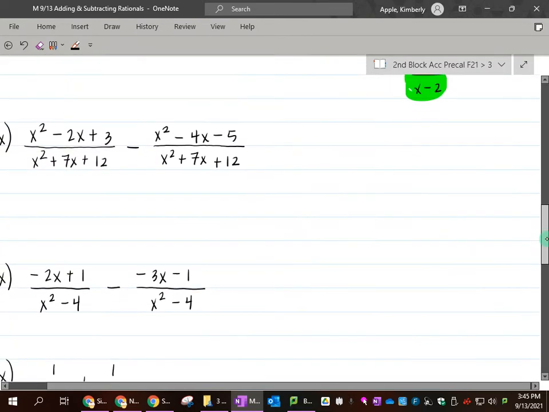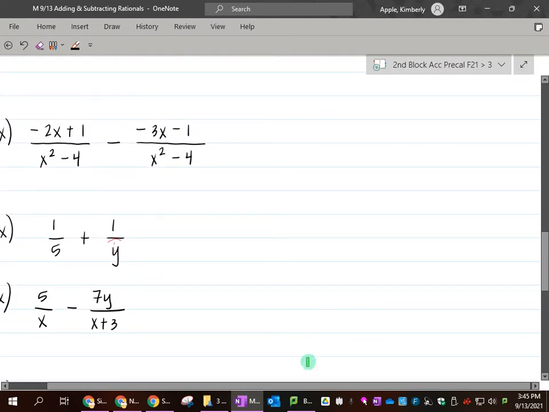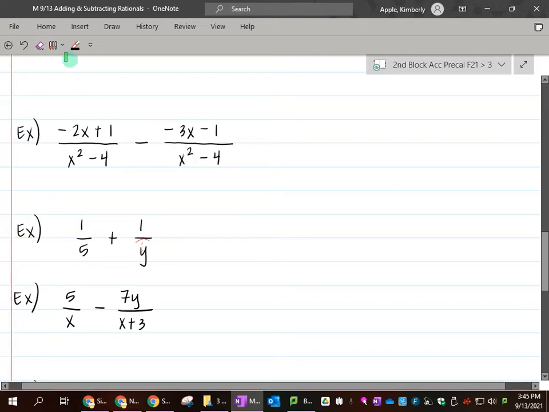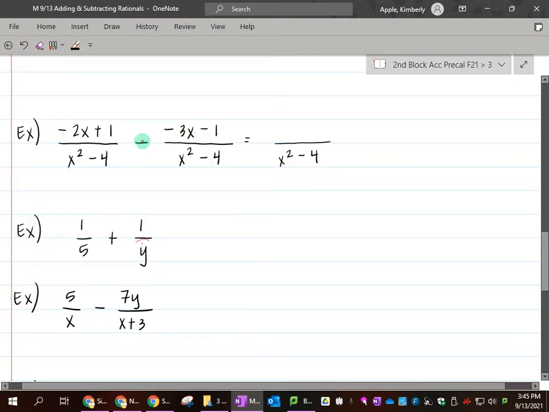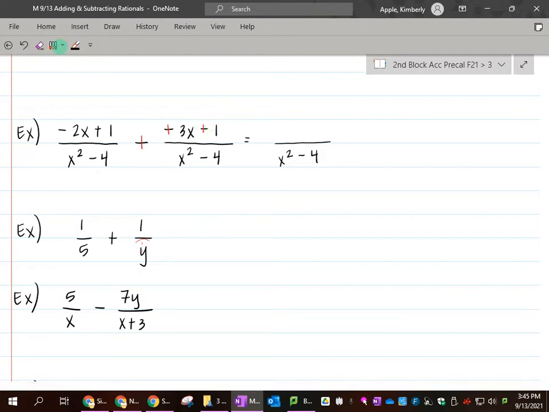All right. So let's go on down to this example where we're again going to notice that we have a common denominator already. So we're just going to write that here. And then we're going to combine the numerators according to the operation. And in this case, this is subtraction, so we'll distribute the negative throughout the numerator. We don't do that to the denominator, just in the numerator.